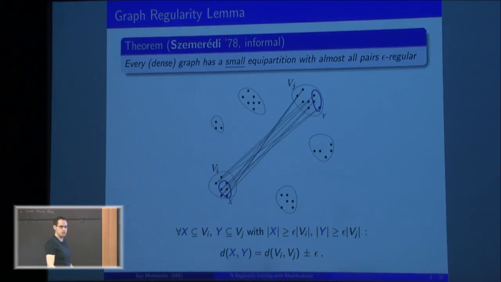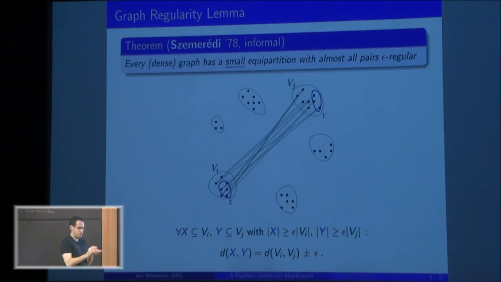For irregular pairs, there's a small fraction of them, you just don't put an edge or whatever. And the intuition is that for many purposes, you can just look at the compressed graph, which is tiny, and study whatever question you have in mind for that graph, and deduce something for the original graph with some error that depends on epsilon.